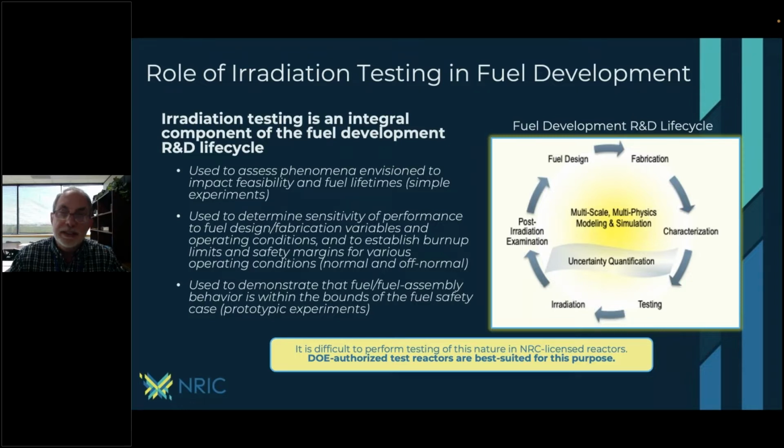And then you move into testing. And probably the most important part of that testing is irradiation testing in a reactor. Out of the reactor, you're going to do post-irradiation examination, PIE, to see how it worked. And you're almost certainly going to want to change something to improve behaviors you saw in the reactor. So you go into this development cycle again.